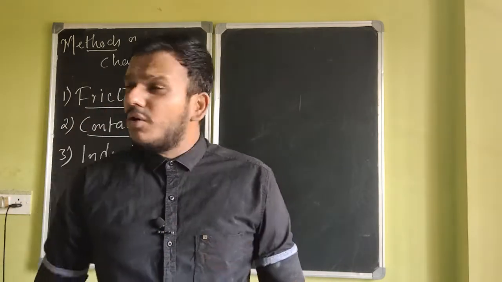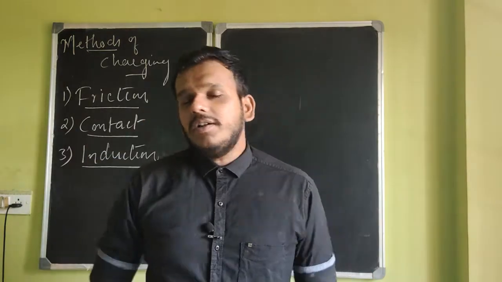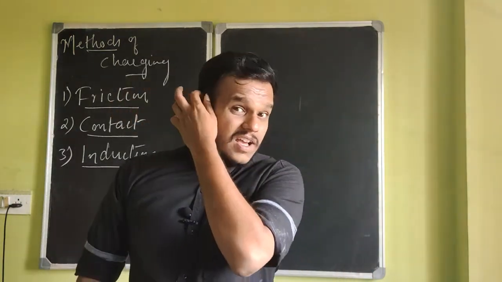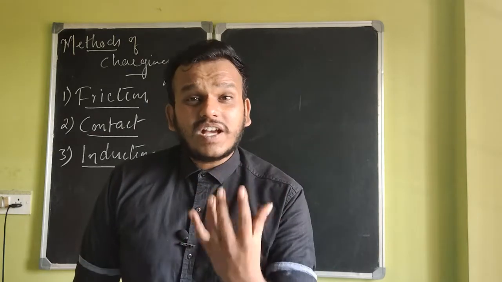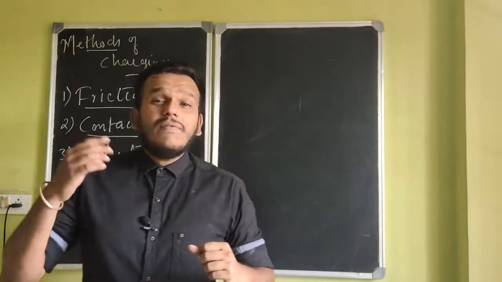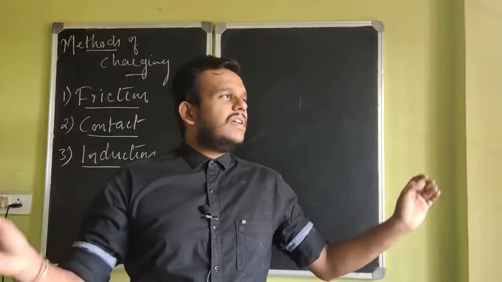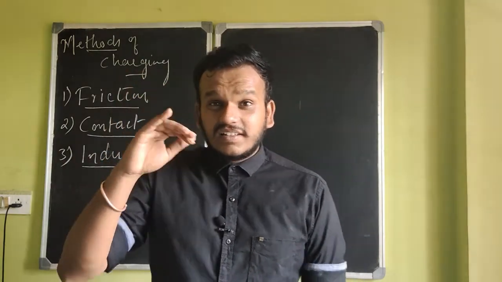Very simple. I'm not going to spend too much time on those topics which are not very important. Anyway, listen. Charging by friction, in a way we've already seen the process of charging by friction, right? You might have done this as a small kid.